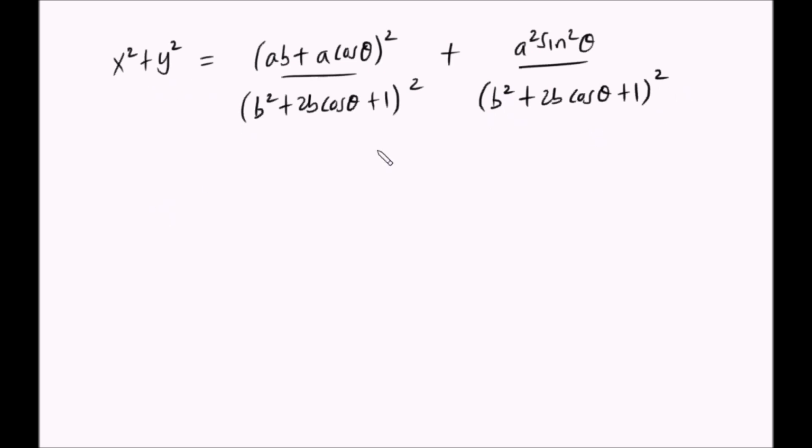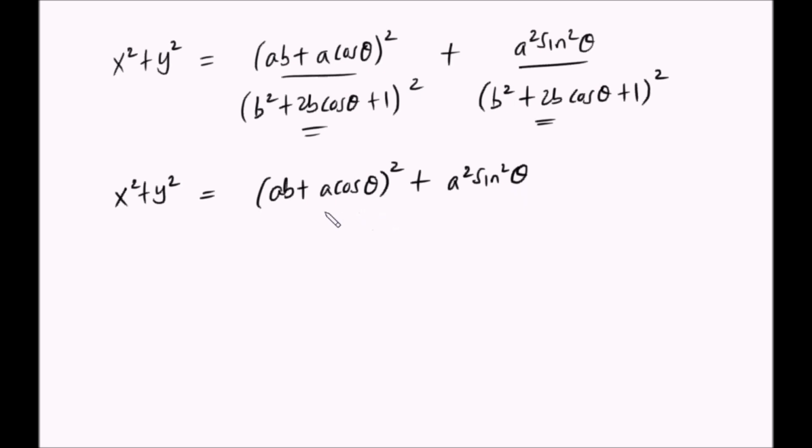But you can see here that the denominator is the same here and here. So this x squared plus y squared you can simplify to ab plus a cos theta squared plus a squared sin square theta, and the denominator we put as just one, no need to separate them.